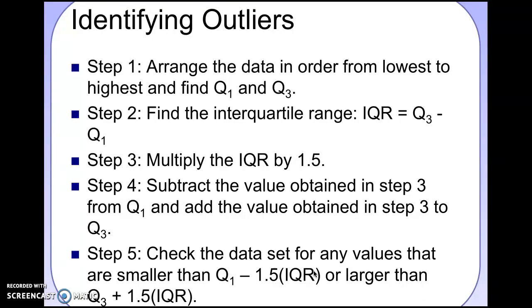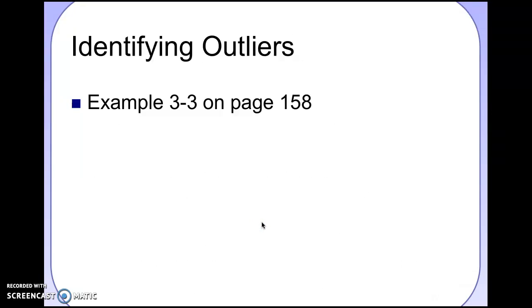Once you've got those two numbers, if you've got a number that's less than the lower one, then that may qualify as an outlier, or if there's one larger than the upper one, that may also identify an outlier. Go to example 3.3 on page 158 to see how this is done. Pause the video to make sure you have enough time to do so.